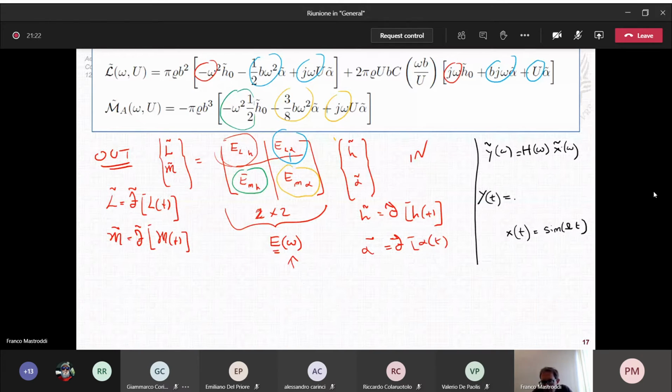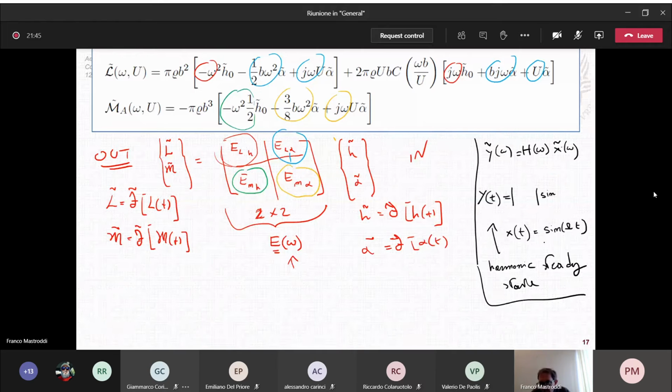In output you should have again a harmonic response in harmonic steady state.